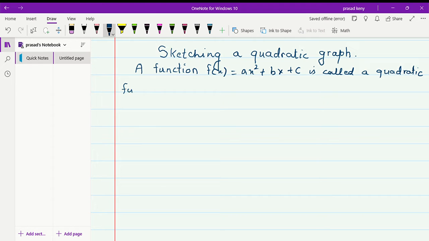Now keep it in mind that the graph of a quadratic function is a U-shaped curve.